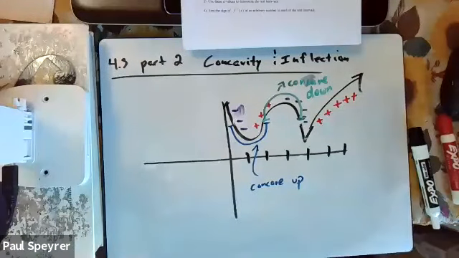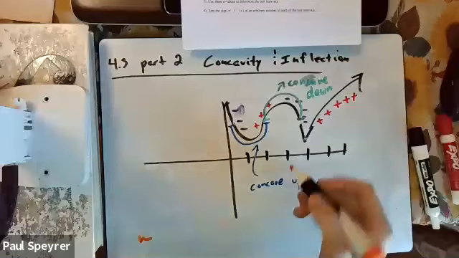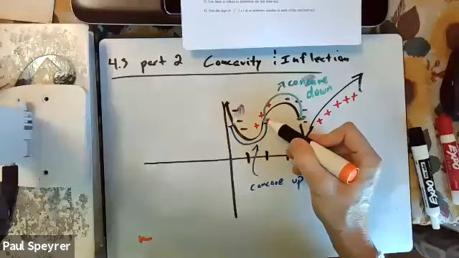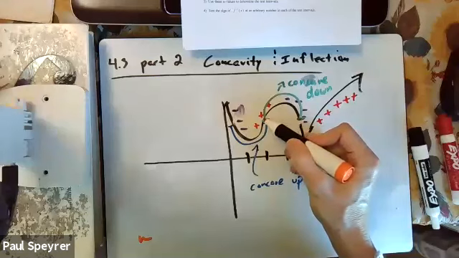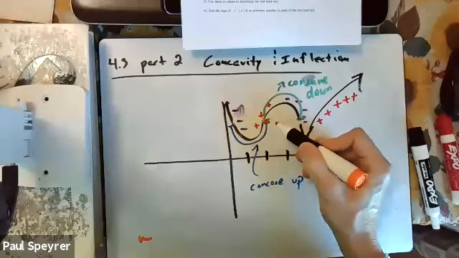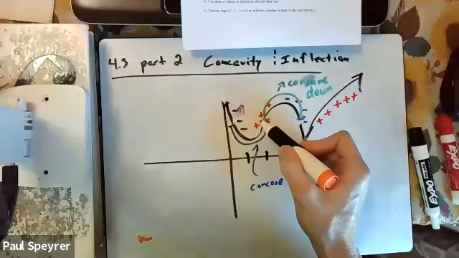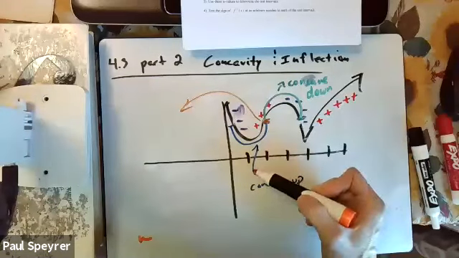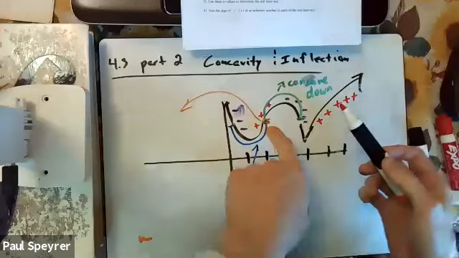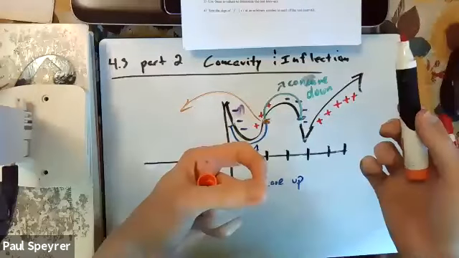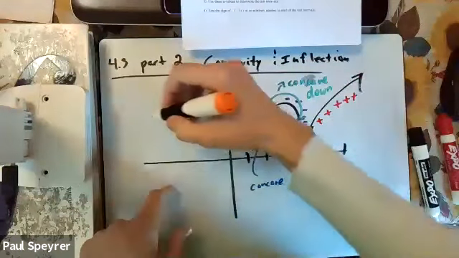Now, one more important piece is right here. I'm going to draw it with orange, this little part right here. The second where it transitions from different concavities, meaning whether you go from concave up to down or down to up, that point where you transition from one different concavity to another, that's called the point of inflection.